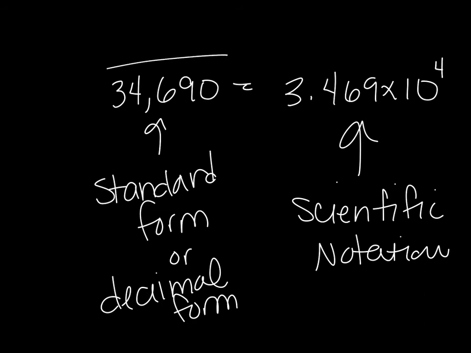Okay, so what if I'm given this and I need to come up with this? Basically what you're doing is you're coming up with directions on how to write it back into standard form. So you're going to write it in scientific notation, and by what you put in scientific notation, you're saying what to do to move it back to standard form. So let's look at this example again. I had 34,690. Technically, you first want to identify where your decimal is.